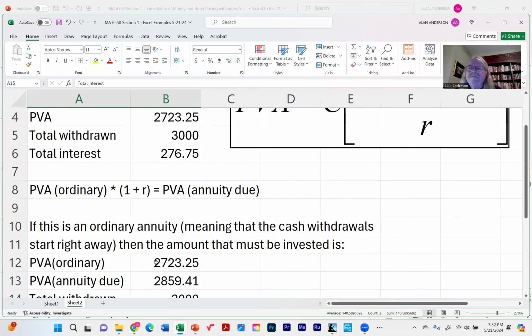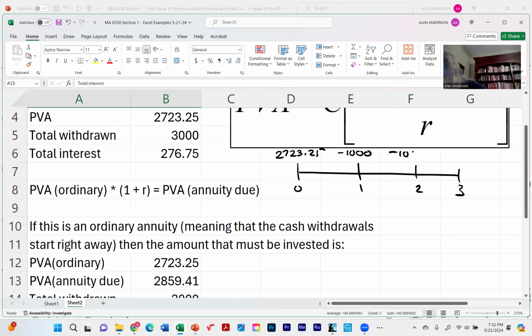Okay, so as far as the diagrams go here, we deposited 27, 23, 25 here. Now, in this case, we want to keep track of the signs because we have an inflow and an outflow, meaning that we're depositing 27, 23 in the bank now, and the negative thousands mean that we're taking it out.